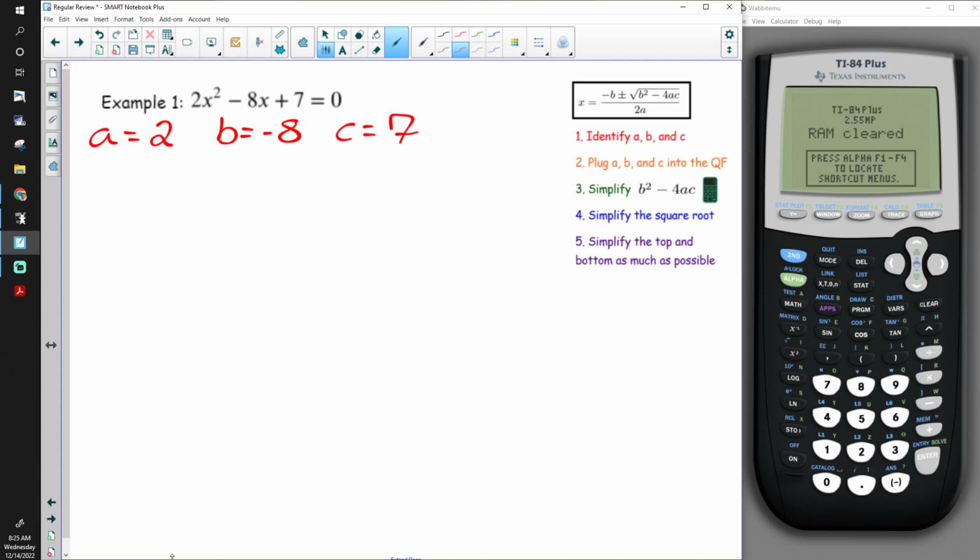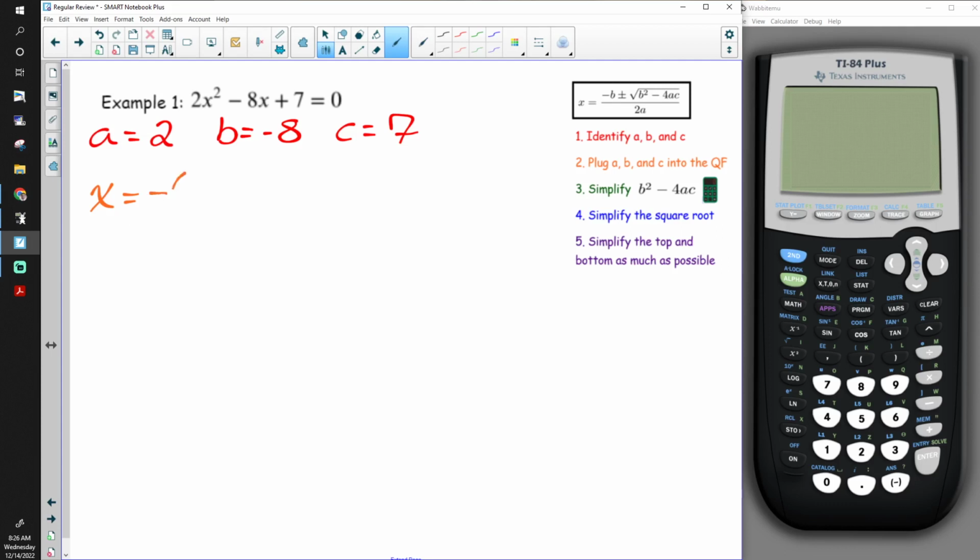Okay, that's step 1. Step 2 is where most students make mistakes. And it's weird because all we're doing is plugging A, B, and C into the appropriate spots. So we have 2 B's, 2 A's, and 2 C's, or 1 C in our formula. Just make sure they get in the right spot. The best practice, the way to make sure no mistakes happen is to write out the quadratic formula with blanks wherever there is an A, B, or C. That way you can just put your number in and your parentheses will be there and be ready to be put in the calculator.